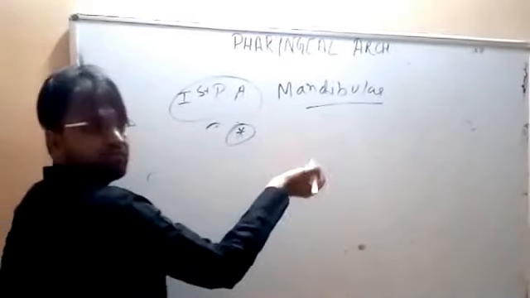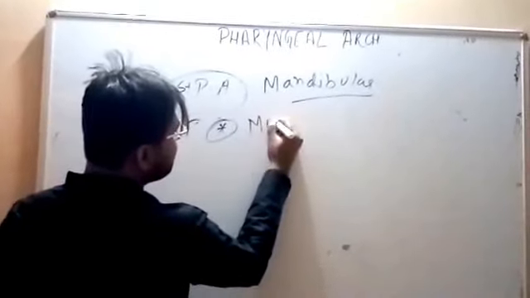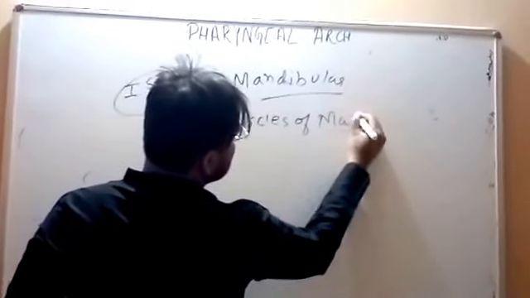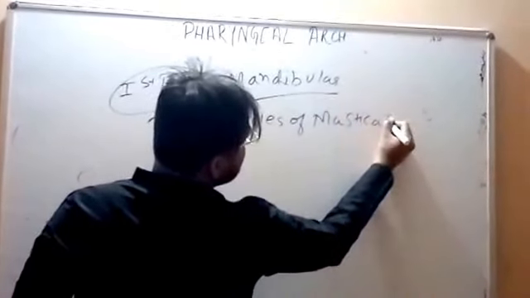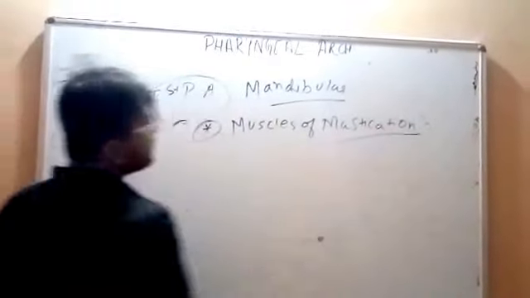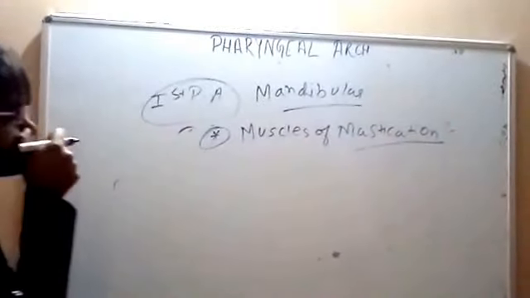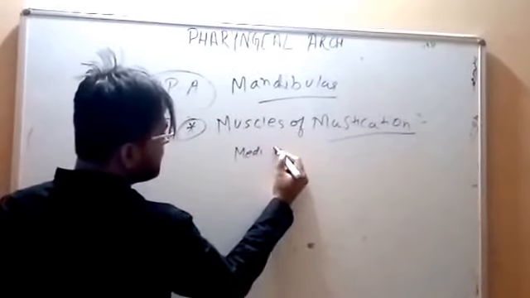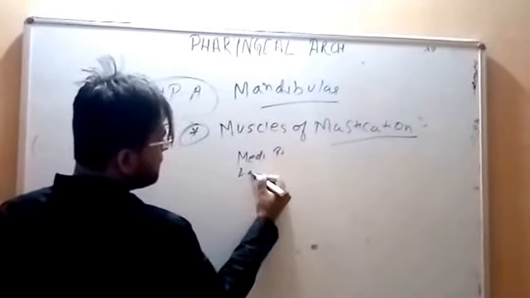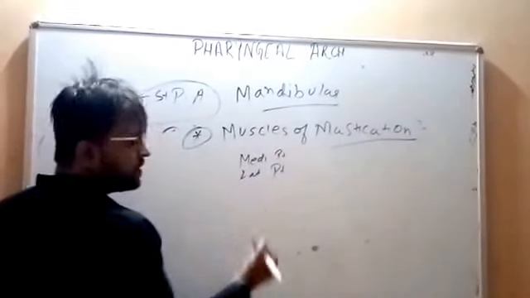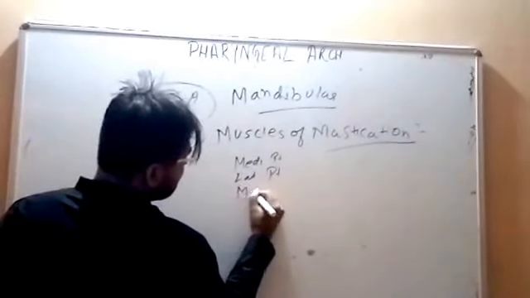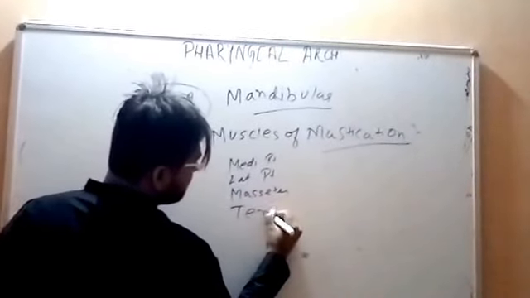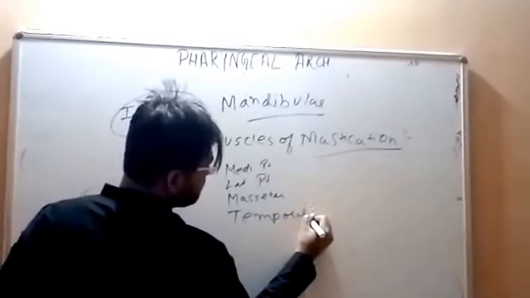Then what are the derivatives of first pharyngeal arch? Your muscles of mastication. And what are the muscles of mastication? As you know, medial pterygoid, lateral pterygoid, masseter, temporalis.